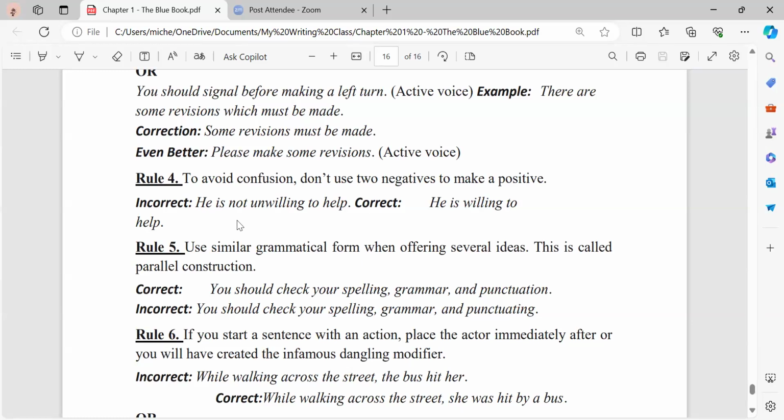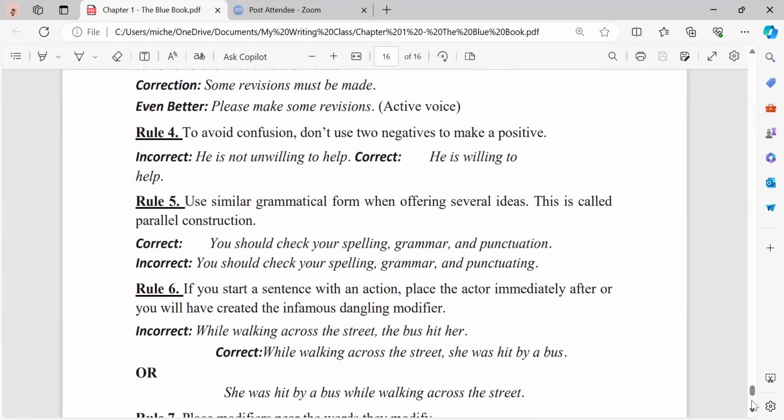It sounds confusing because people may think that it is a negative from the word "not," but then it just says "unwilling." So the correct one, "he is willing to help." We can just remove the word "not" and use "willing" instead of "unwilling" to make a positive sentence instead of using negatives like this one right here.